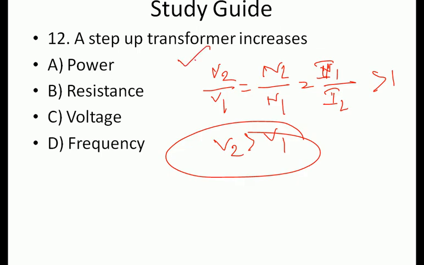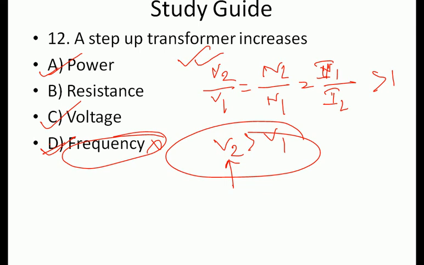Write this equation, it comes in the questions very often. So if V2 is greater than V1, that means the secondary voltage is greater than the primary voltage, so it is stepping up the voltage. It never steps up the frequency. It doesn't change the frequency. Try to remember these things. It does not change the frequency or the power. Though there is a power loss, it doesn't change the frequency.